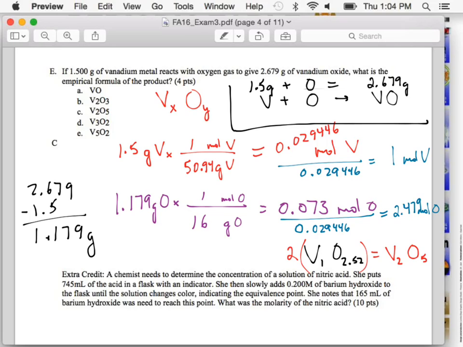Any other questions? Yeah. Could you explain again why you multiplied by 2 there at the end? If we did not multiply by 2, how many oxygens do you have? Can you have half an oxygen? No. So the decision on how we got it to be by 2 is, what happens if we took 2.5 and turned it into a fraction?